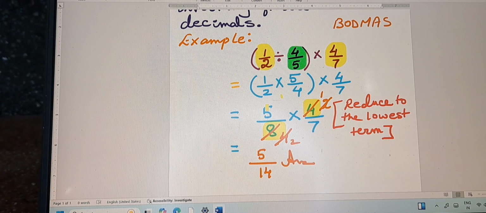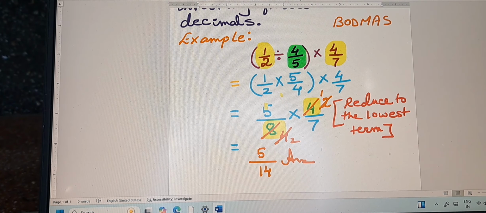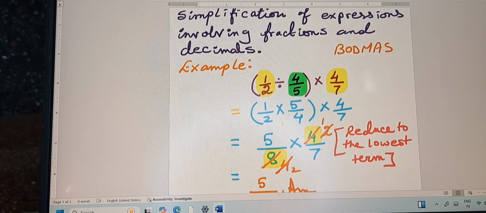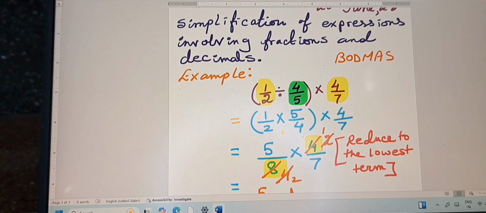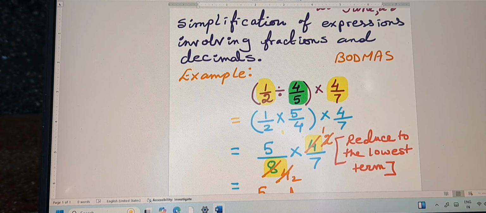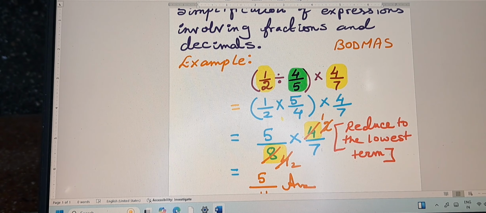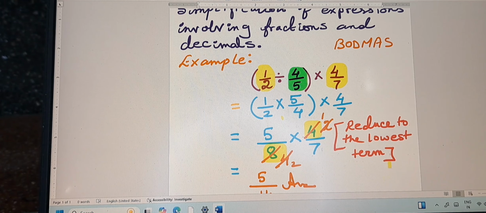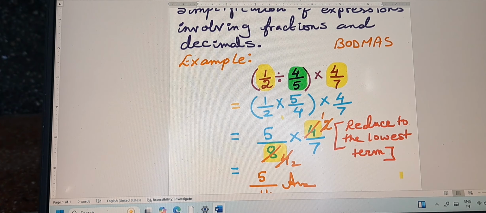So this way, when we solve the sum, the topic for today is simplification of expressions involving fractions and decimal. So what is happening over here? Though in this sum there is no decimal, but there are certain sums where there will be decimal, where you need to know the rules which are involved in the decimal.